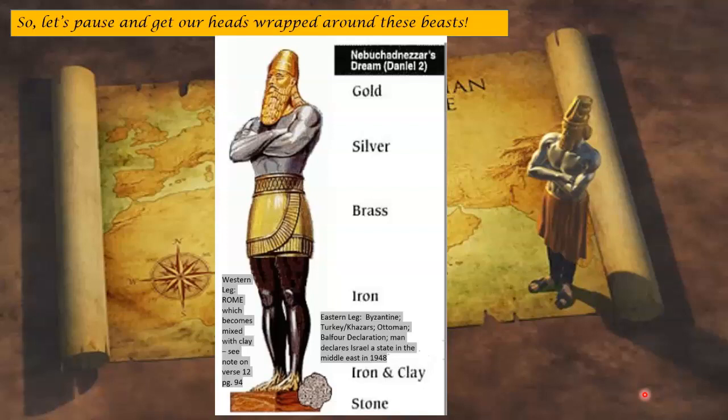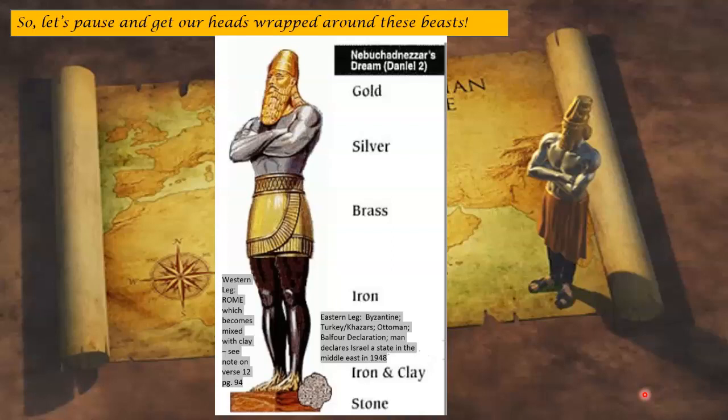The same applied to Medo-Persia, Greece, and pagan imperial Rome. However, under the rule of the little horn power, the new subjects were expected to conform to the customs and traditions of the new religious power. For those who refused, it resulted in severe persecution.